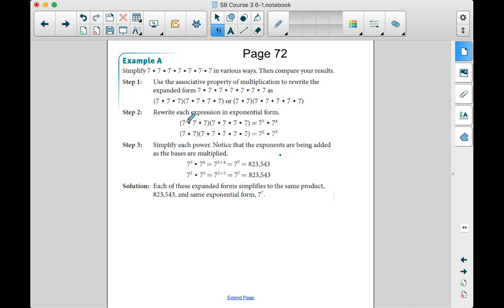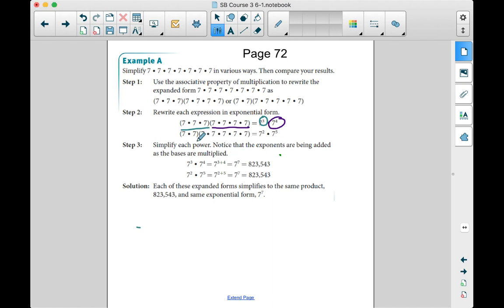If you group them like this part right here, the 7 times 7 times 7, that is 7 to the power of 3 written in exponential form. And then the second part next to it, 7 times 7 times 7 times 7, that's your 1, 2, 3, 4 written in exponential form. So you have 7 to the power of 3 and 7 to the power of 4.